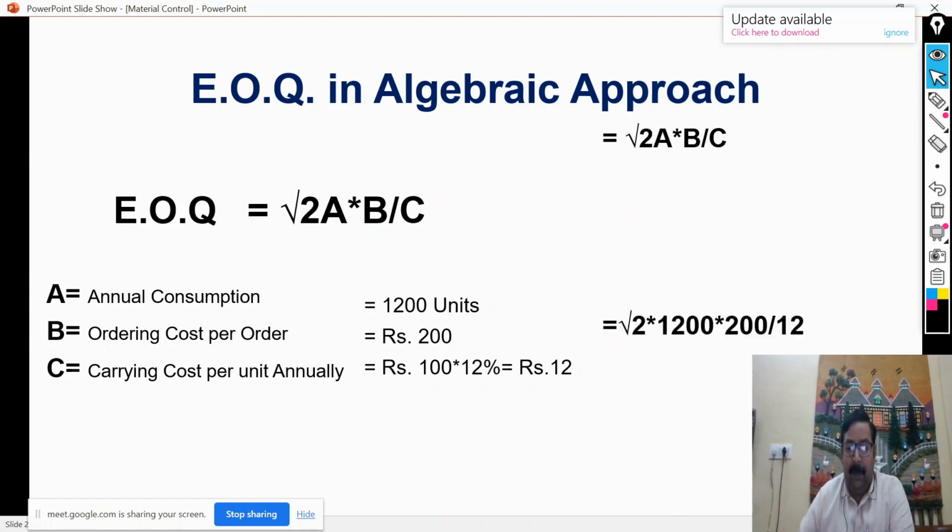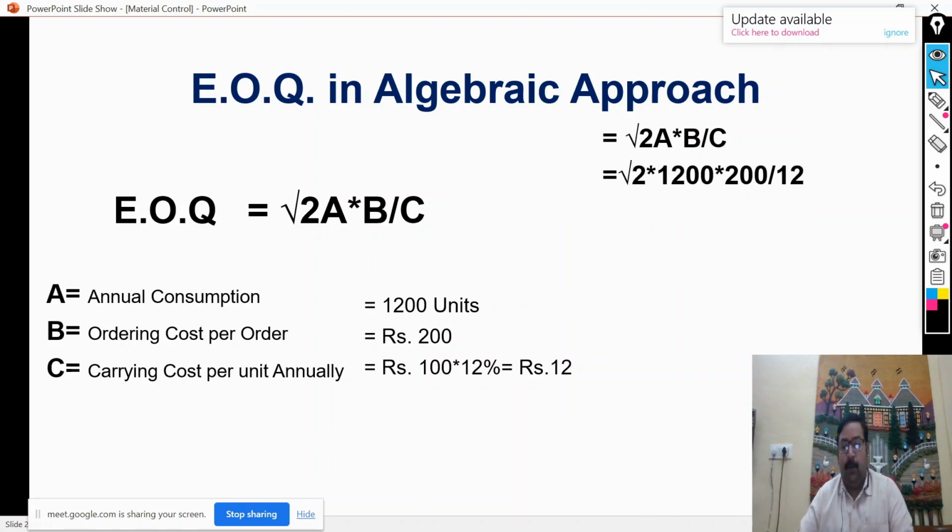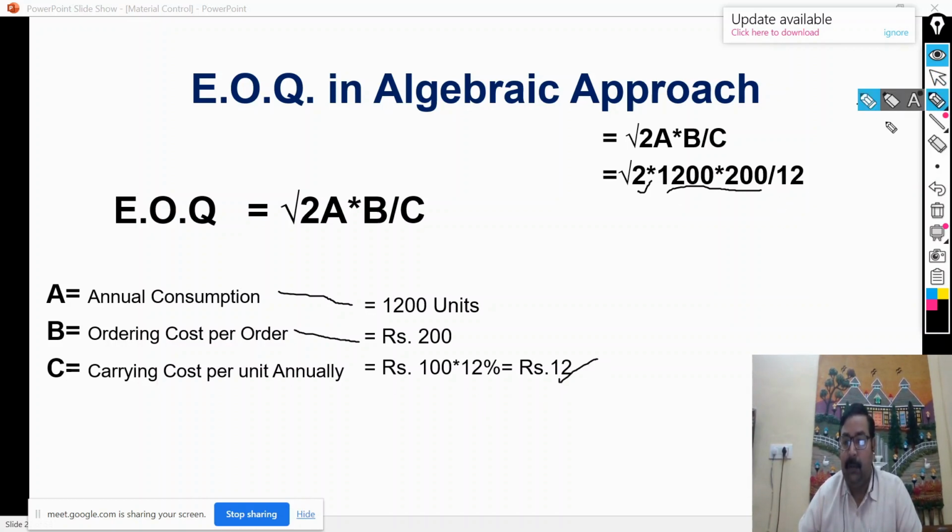We put it in the formula. The formula is the square root of 2AB divided by C. Here A is equal to 1200, B is equal to 200. Then 1200 multiplied by 200, 2 is fixed in the formula, upon 12. 12 is our carrying cost per unit.